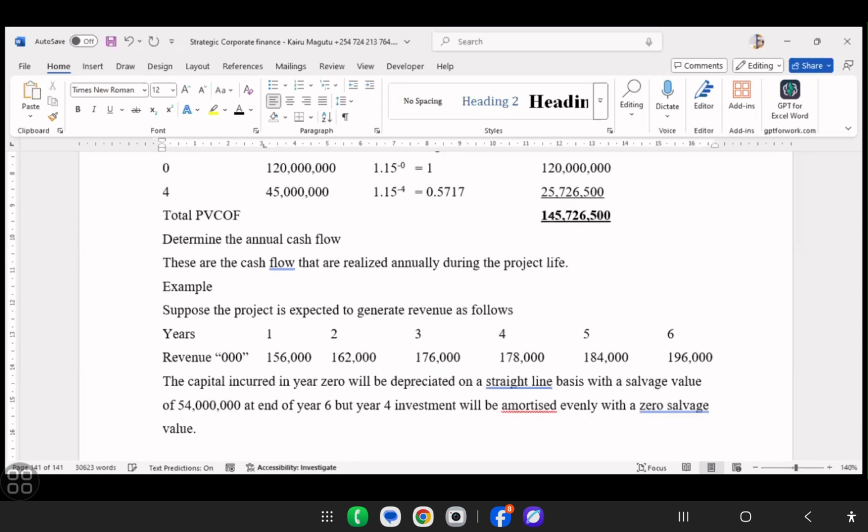So that one will be amortized to 0, but the initial capital in year 0 will be depreciated with a salvage value of 54.